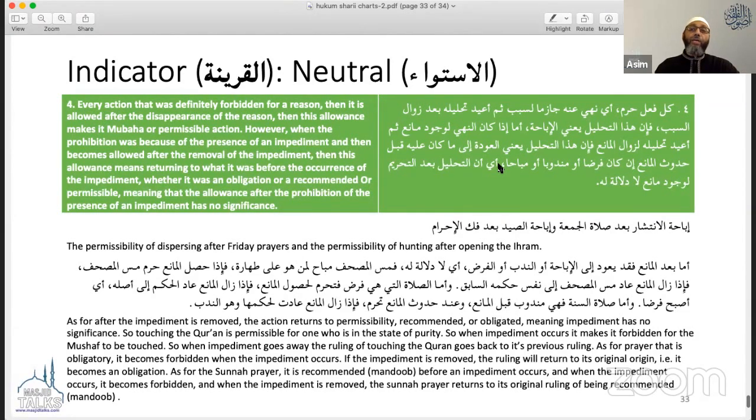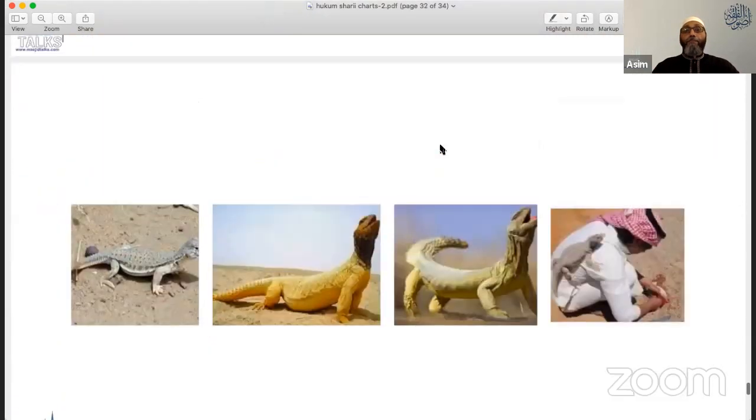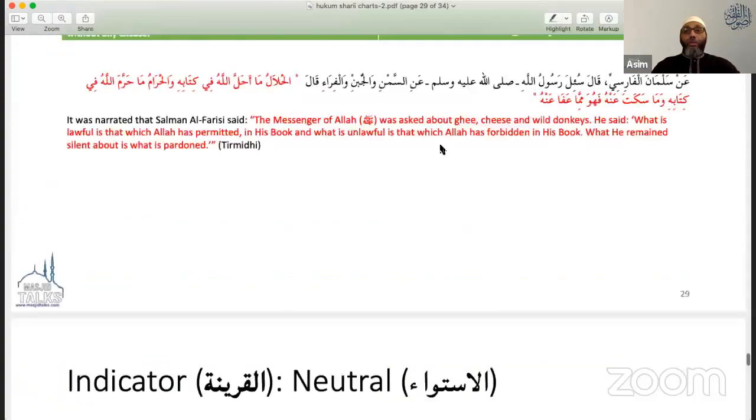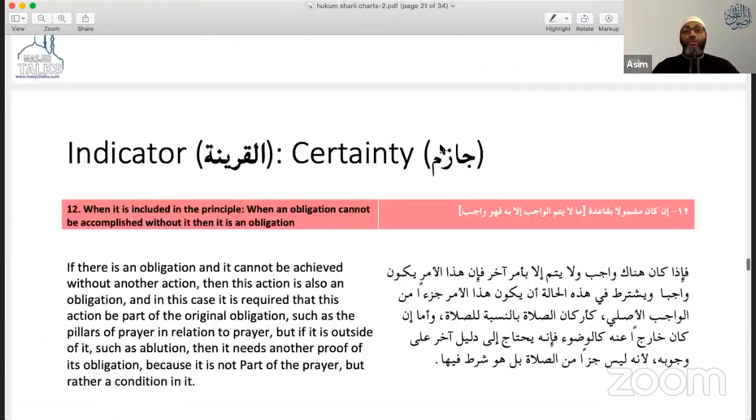As a matter of fact, we should try our best to do as many recommended actions as we can. When it comes to the makruhat, we try our best to stay away from them also. Of course, we should stay away from haram all the time, and we must fulfill all the obligations, the fard actions. But we should try to do as many sunnah actions as we can, and stay away as much as we can from the makruh as well. So this is what I'm talking about. So we stay on the same page.